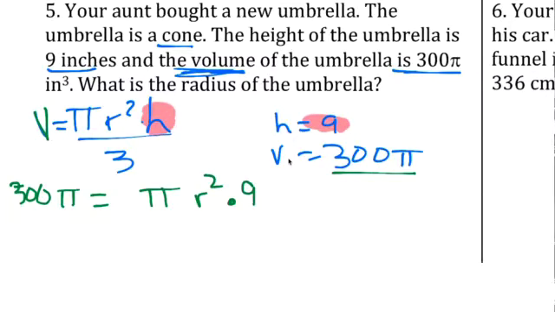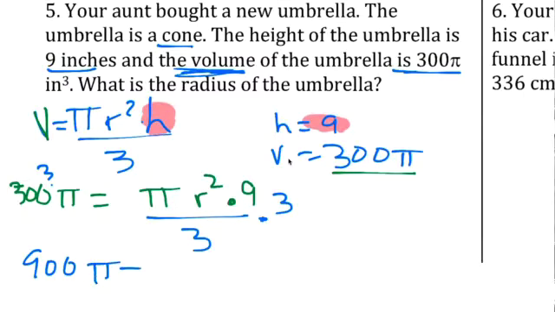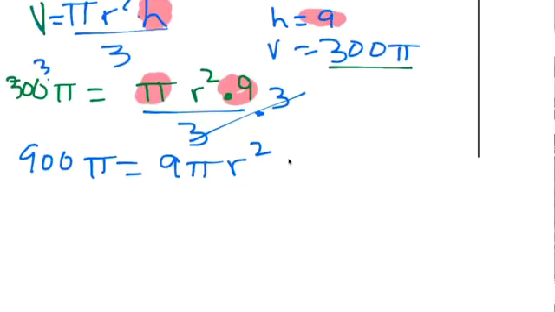And we divide by 3. That means let's get rid of that, 3 times 3 here. So that's 900 pi equals 9 pi r squared. Okay, let's get rid of 9 pi. That means you divide by 9 pi on both sides.